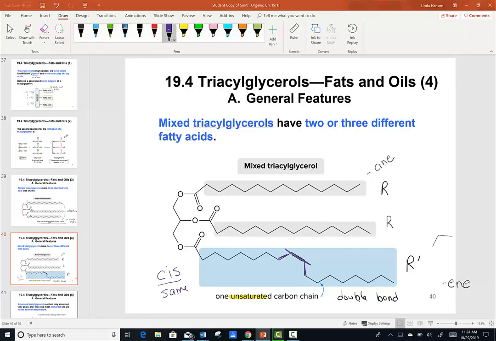Just to compare that, if we see a double bond and they're coming out the opposite sides, we call that trans. But when we're looking at natural oils and fats, we're looking at the cis configuration always. Trans occurs in more synthetic molecules that are made. Cis occurs in nature.